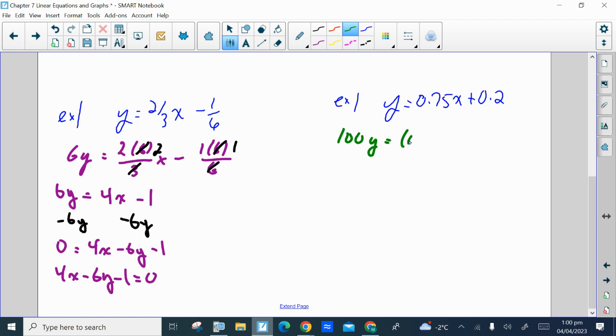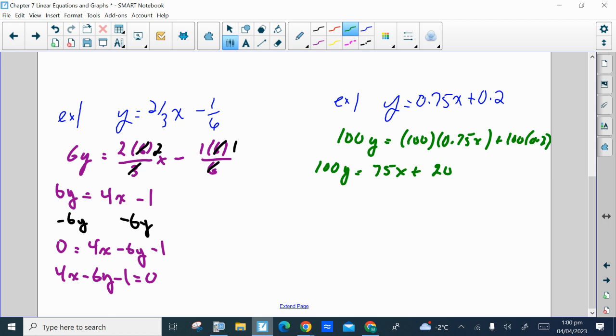So again, I'm going to have 100 times 0.75x plus 100 times 0.2. So 100y will equal 75x plus 20.